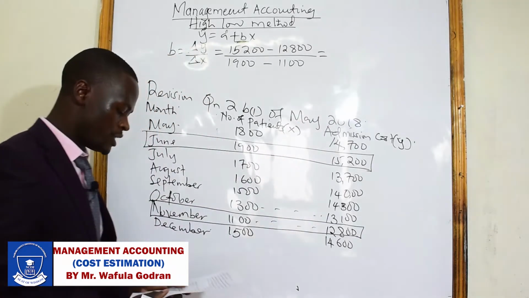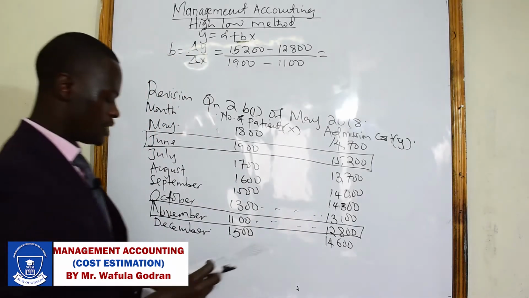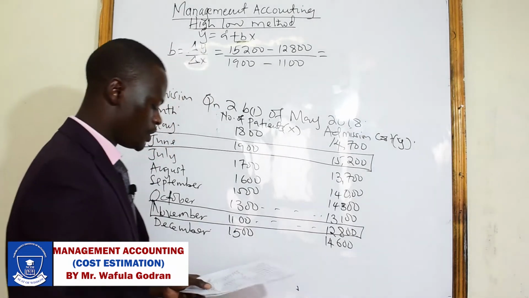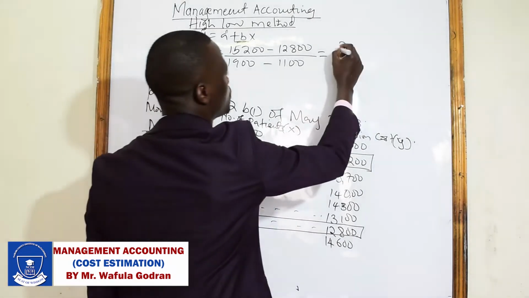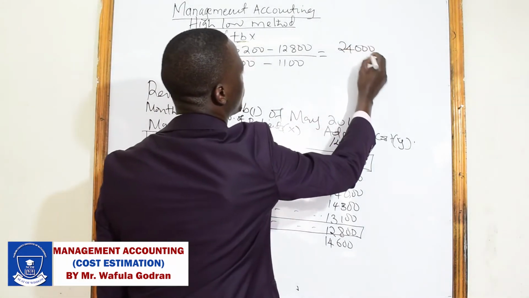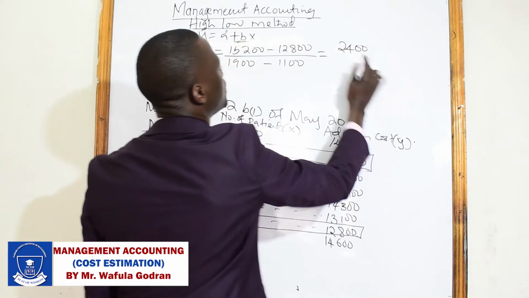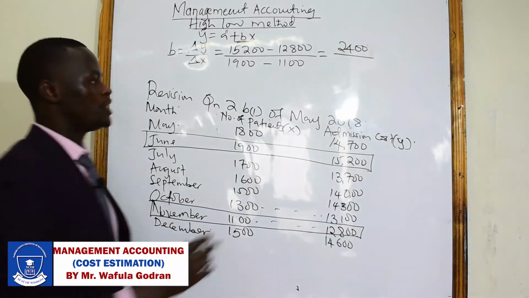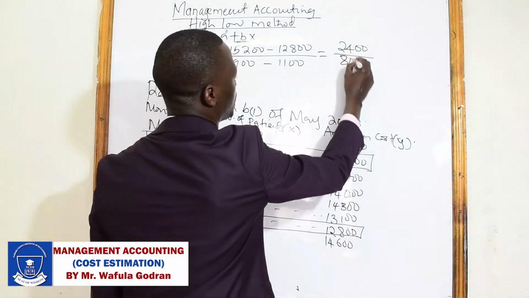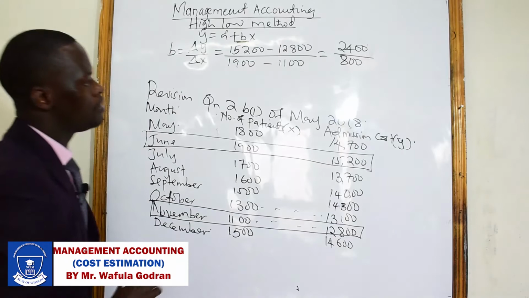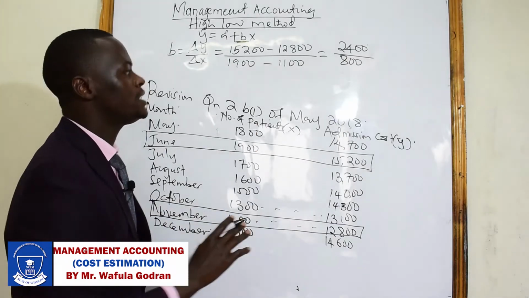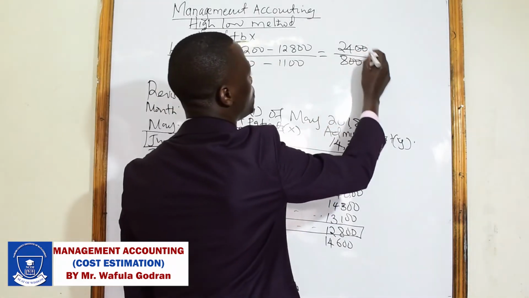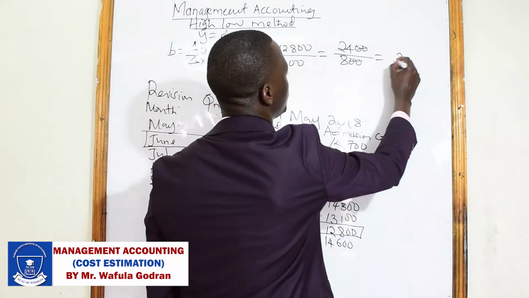So if we take 15,200 minus 12,800, you get 2,400, divided by 1,900 minus 1,100, which gives 800. So 2,400 divided by 800 automatically gives you 3.